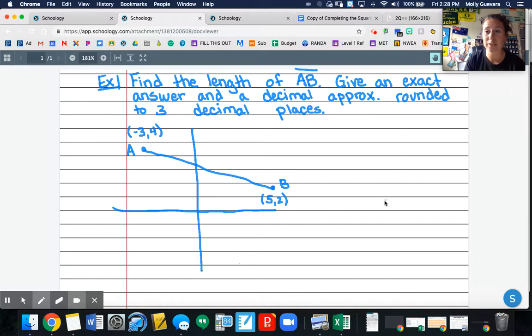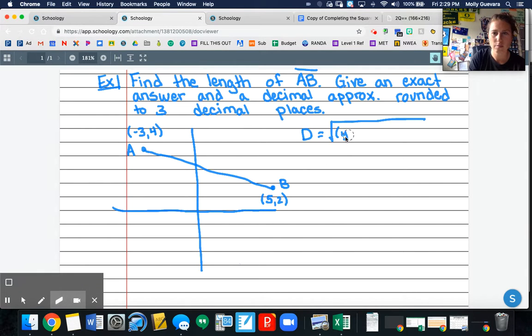It doesn't matter which ones are your x1s and y1s, but I am going to rewrite the distance formula here just because I had to erase it up above. This is x2 minus x1 squared plus y2 minus y1 squared.